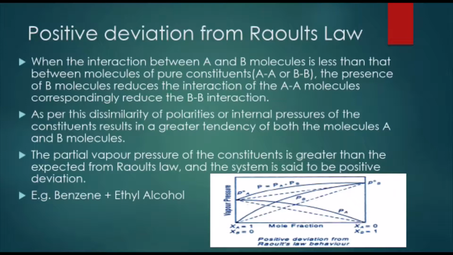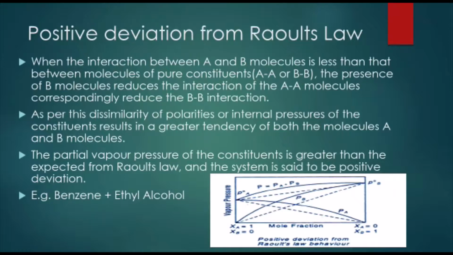as a result, positive deviation occurs. Due to the dissimilarity of the polarities or the internal pressure of the constituents, there is a greater tendency of the A and B molecules to escape.